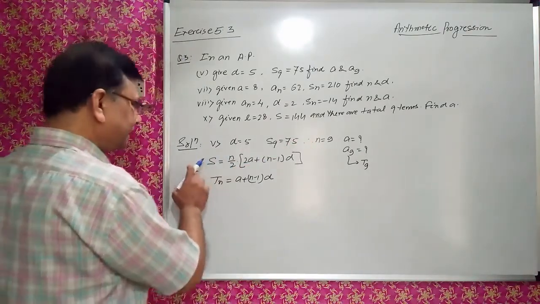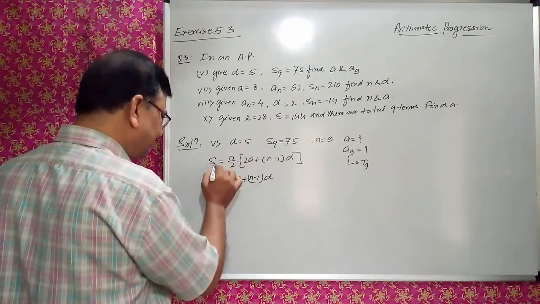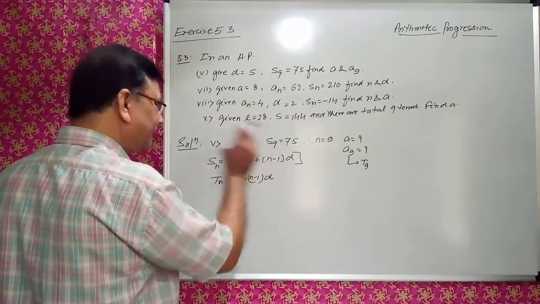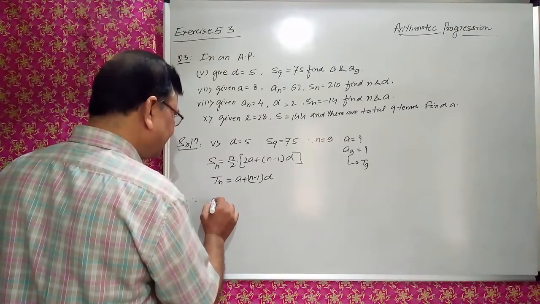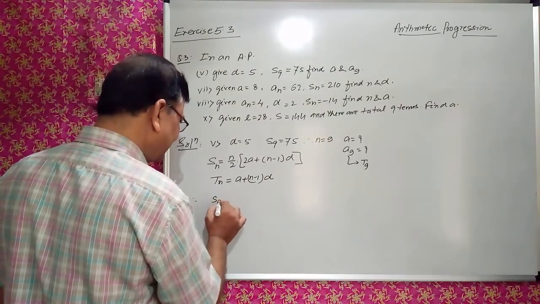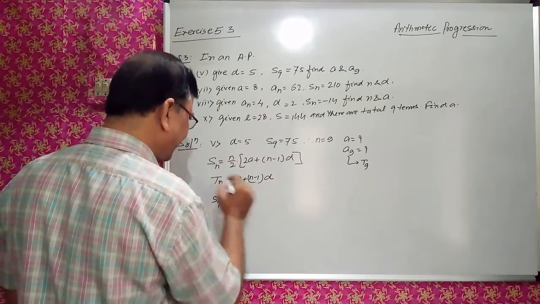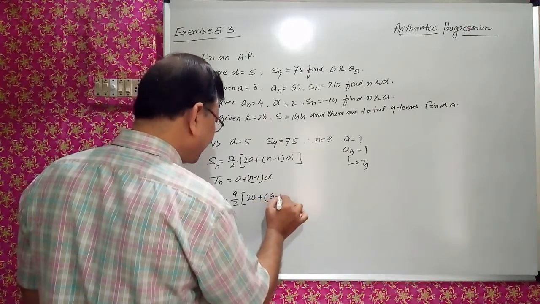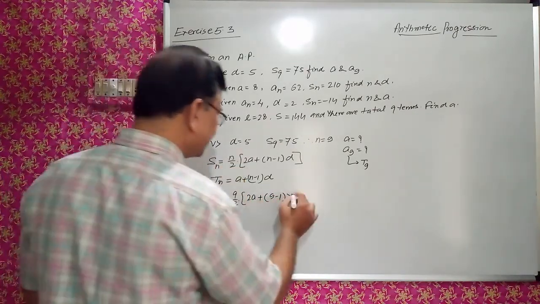So we will start with the sum. Given S9 and this is Sn. So in place of n, there is 9 here. So therefore, S9 is equal to 9 by 2 because n is 9, into 2a plus 9 minus 1 into d. d is 5.